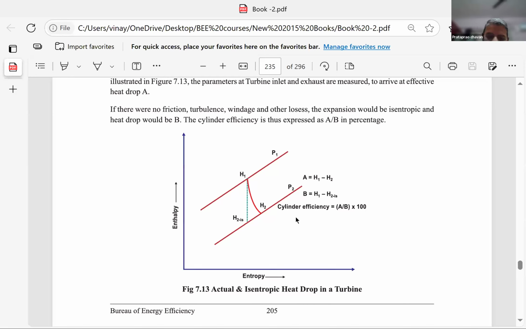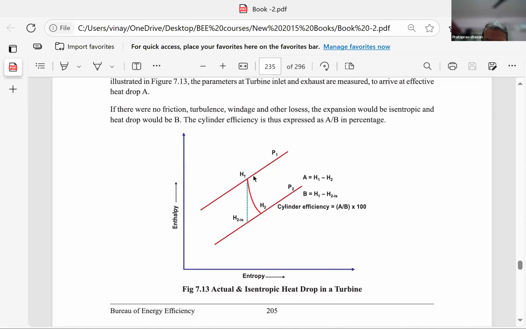But in theory, the heat does not drop in a straight way. Pressure comes down in a straight line. Total heat content in the steam doesn't come that way. Theoretically, it should have expanded like this, but in practice, it expands like this. So it retains certain higher heat than it should have given up. So what do they decide?